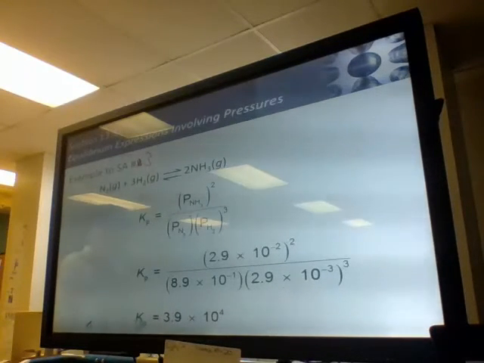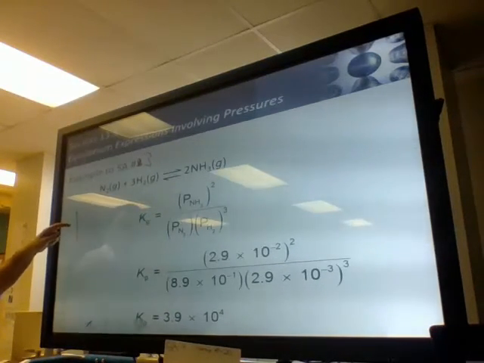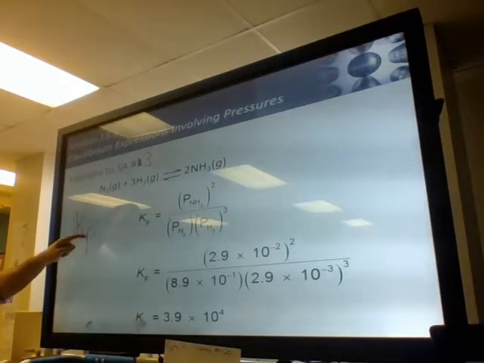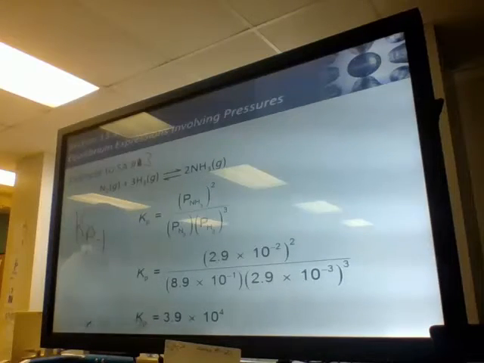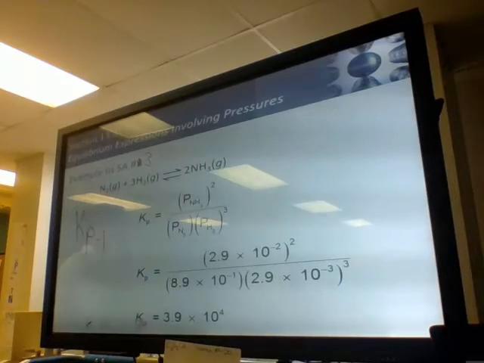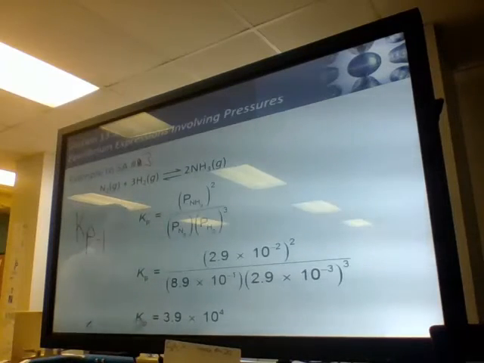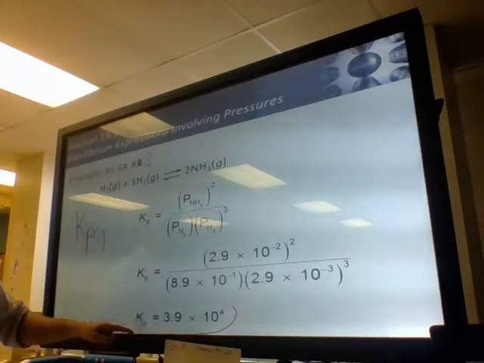The only tricks that I saw were Kp minus 1, or if they didn't put in atm. And then I saw one from four years ago where they put 2 in atm and 1 in torr, just trying to trick you. And then it doesn't have units.